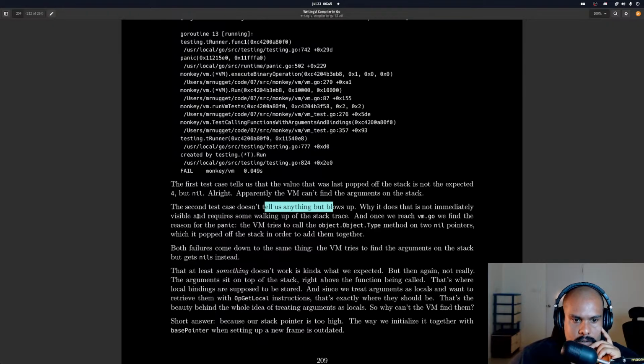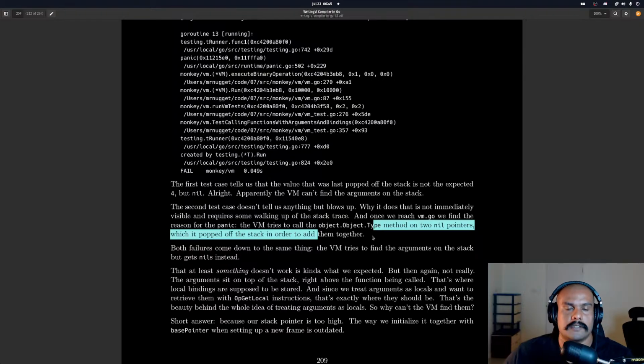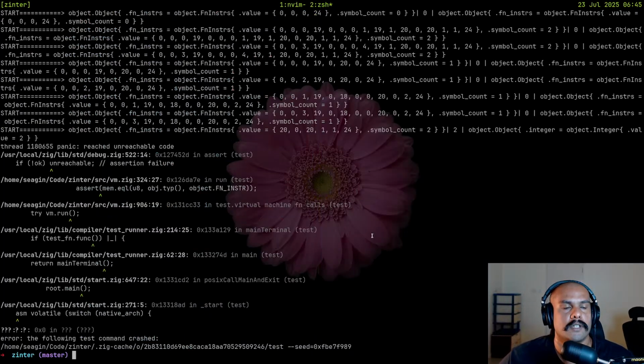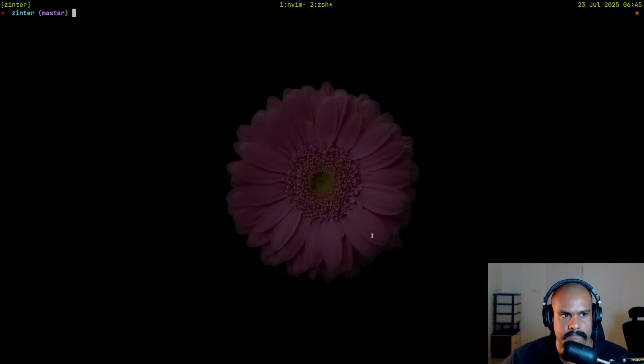Why it does that is not immediately visible and requires some working up of the stack trace. Method on 2 nil pointers, which is popped off the stack in order to add them together. That makes sense. That's why I was getting 34. Maybe.